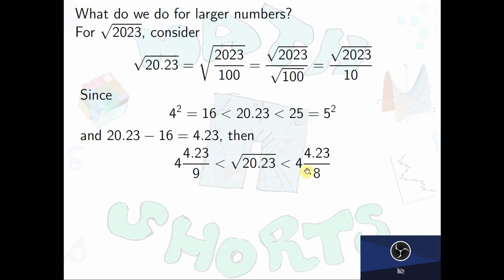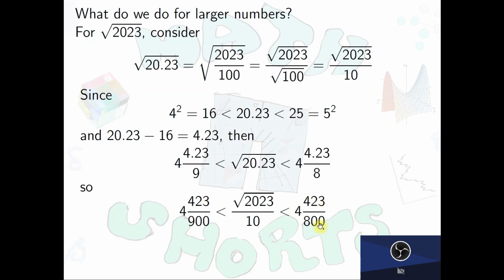Then if we want, we can do a little math to make these things nicer. I can multiply this by 100 and 100 to get 423 over 800 and 423 over 900. And then keep in mind that this thing is really this guy over 10. So now I can actually go through and multiply by 10, do a little bit of cleaning up.